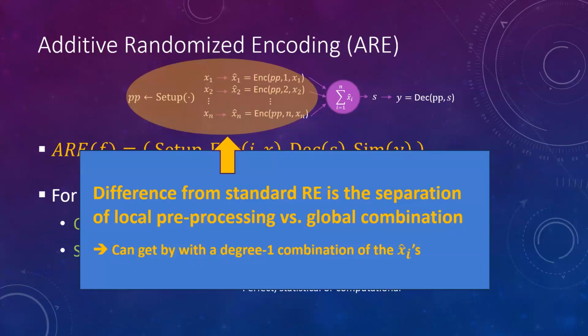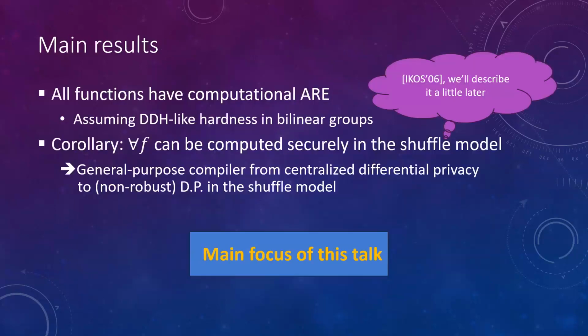All right, so what do we have? What can we say about it? Well, the main result, and the one that I'll talk about in this presentation, is that this crazy notion that you can compute every function actually is true, at least in the computational setting.